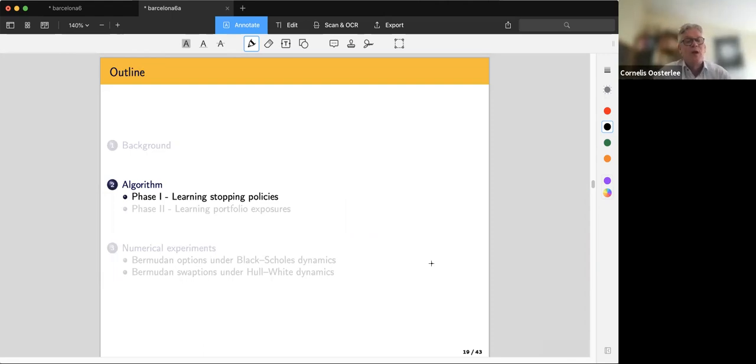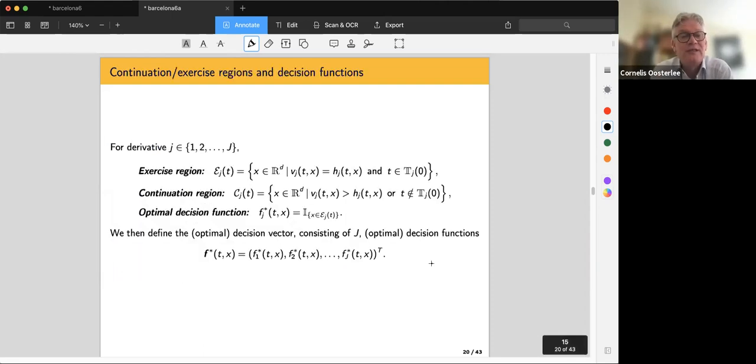Let's look at phase 1, learning the optimal stopping policies. For each derivative, little j, 1, 2, up until capital J, we have an exercise region, that is the region X in R^D, where the value of the option or the exposure is equal to the payoff.